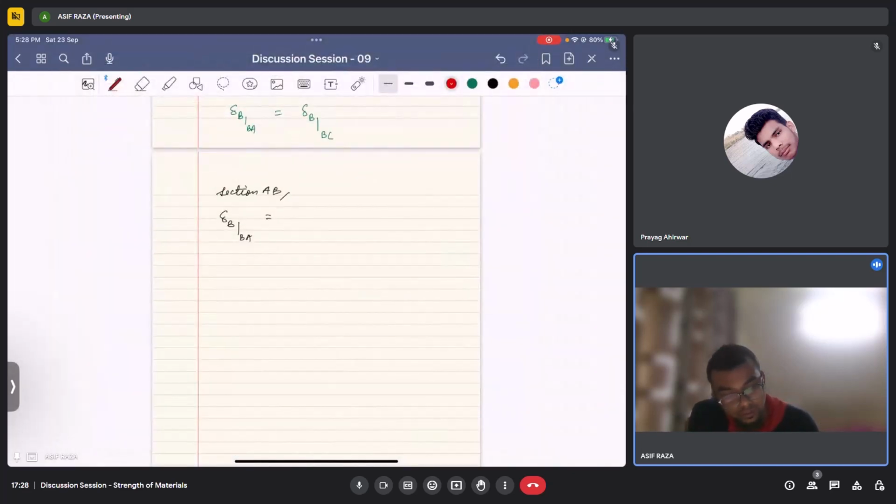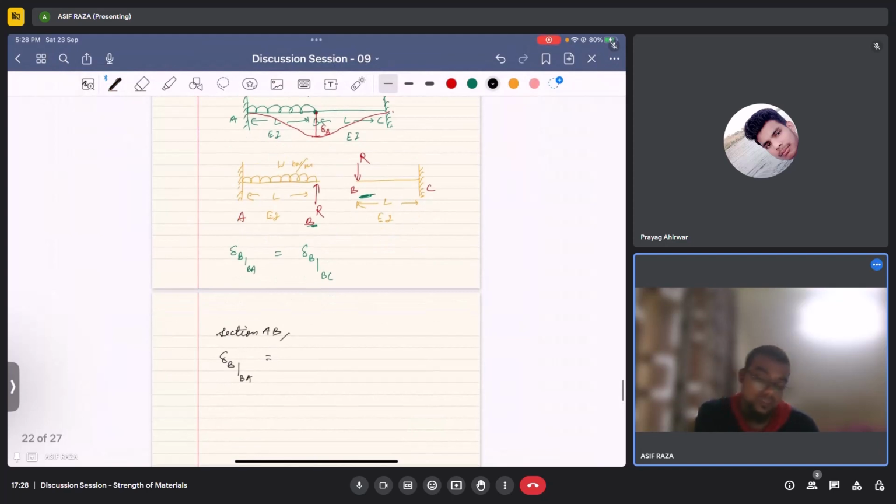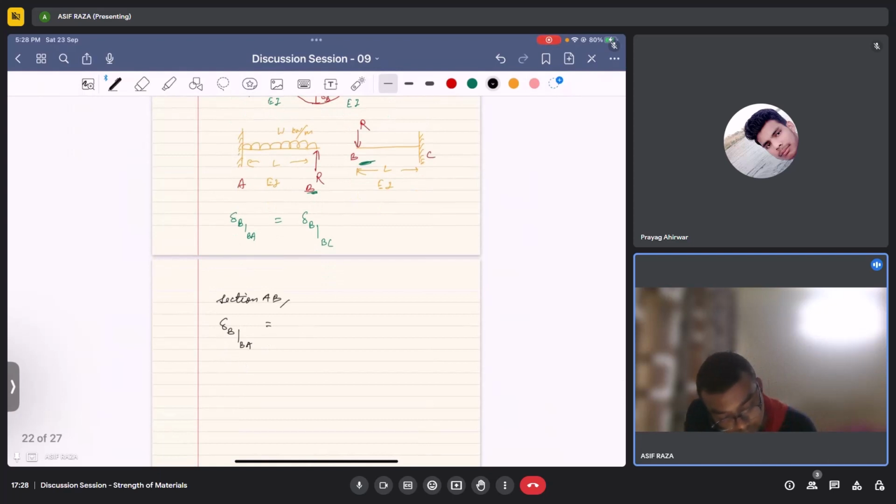Just let me write this down first. So due to this UDL, uniformly distributed load, it would be equal to WL^4 by 8EI, and due to the reaction force, and since it is acting upwards, due to the UDL the deflection would be downwards, while due to the reaction force it will try to decrease this deflection quantity, and it would be equal to RL^3 by 3EI, as we have found earlier also.